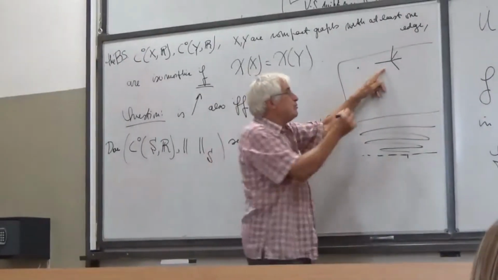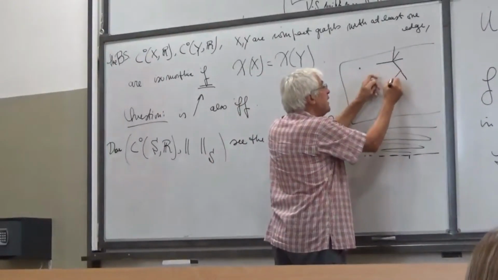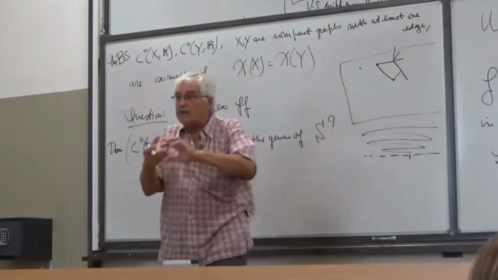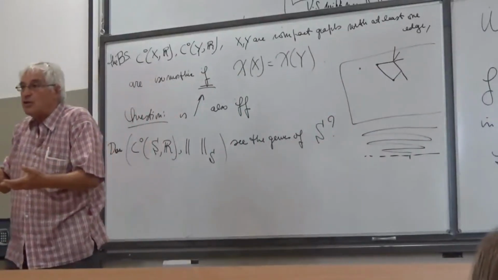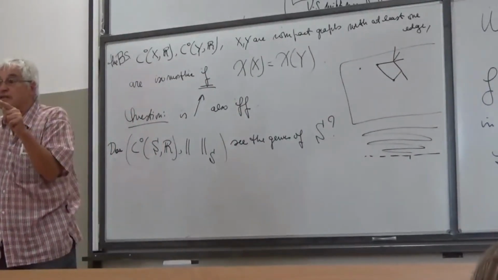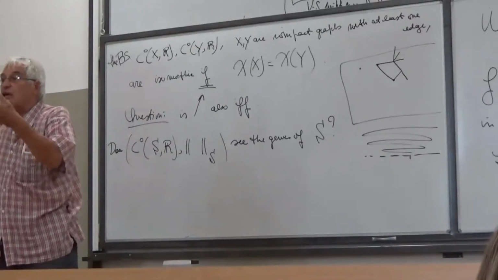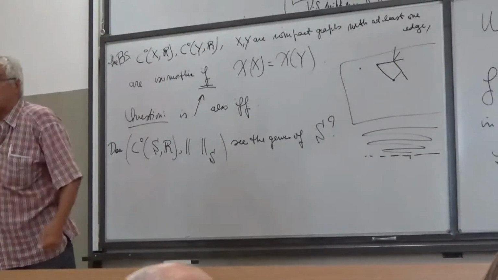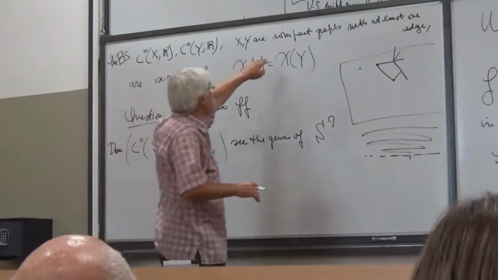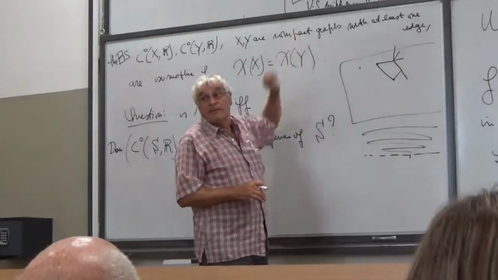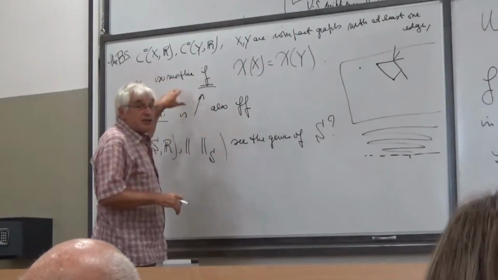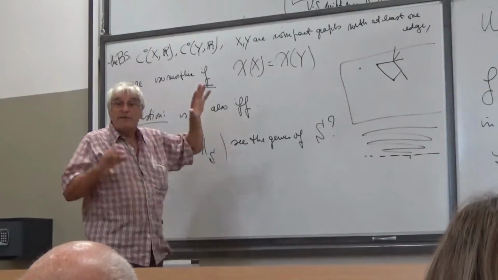And I can continue. I can add here a few, and then I can add here one. So a graph is a collection of finitely many intervals, 0, 1 intervals, attached at the endpoints. That's a finite compact graph. And then this question and statement concerns only compact finite graphs.